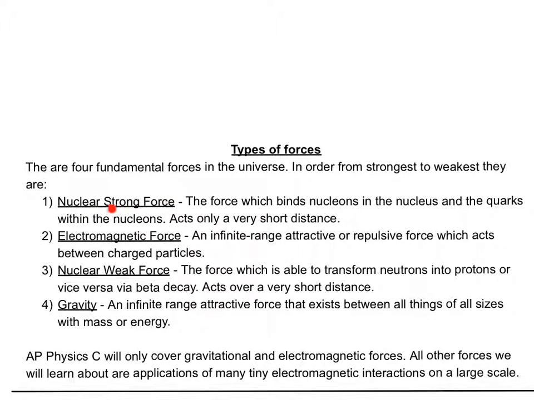It's just that this one dies off so incredibly fast that it's basically 0 by the time you get an incredibly short distance away from anything. Whereas the electromagnetic force dies off as 1 over r squared. It still dies off, but we notice electric effects at much, much greater distances than any kind of nuclear force effects. We'll go over electromagnetic force in more detail in just a little bit.